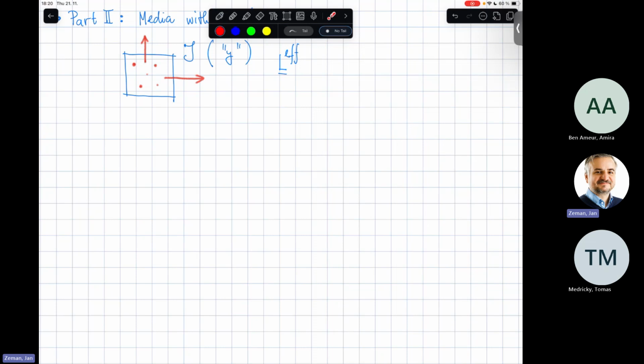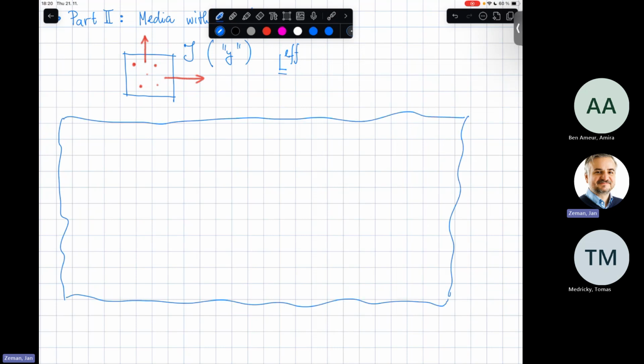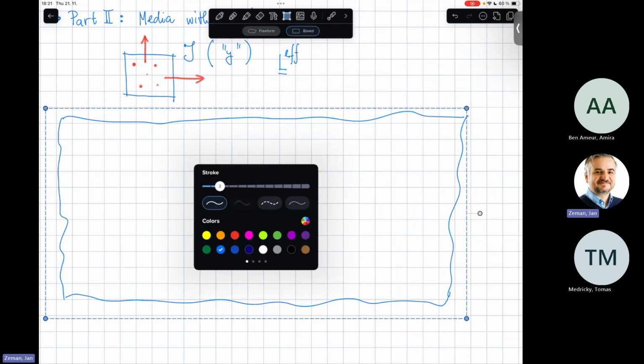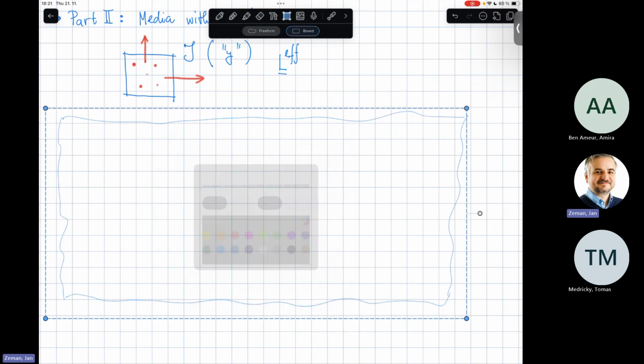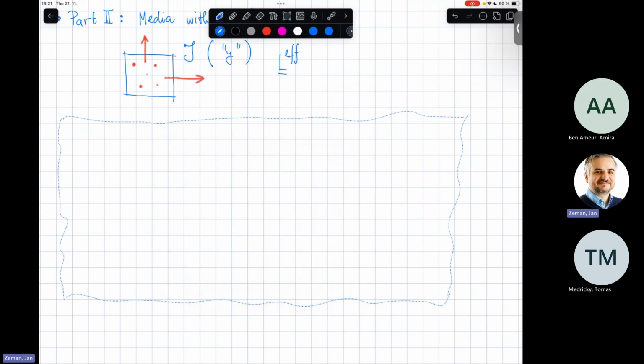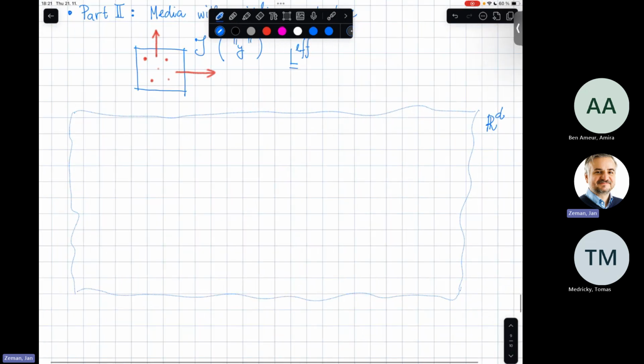So just to give you an idea what I meant by the previous thing, you can imagine that you have some background microstructure, and this background microstructure is actually defined on the full space, so on my R^d. And there are still some data which are stored either in this L of x or M of x, it doesn't matter.